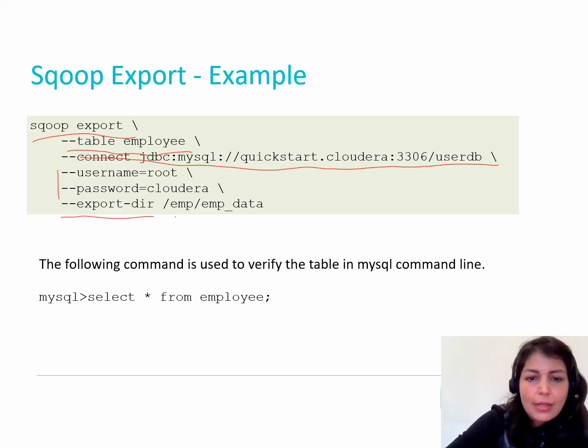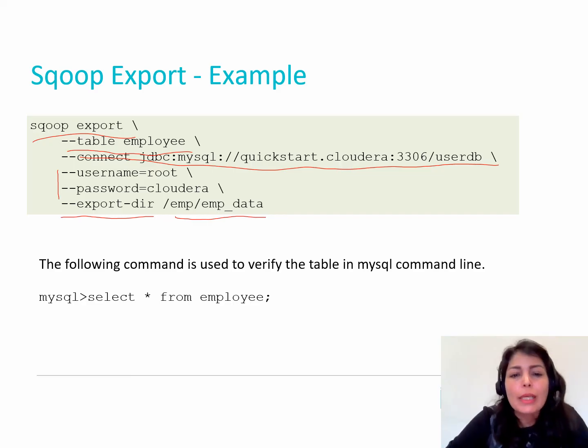In this case, we want to export data from the imp data file, which is in the imp directory. That's it. This is how you can export data from the imp data file in HDFS to the employee table in the traditional database, in our case MySQL.